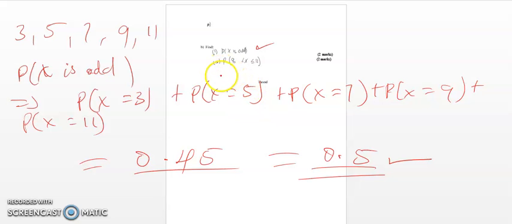Let's consider the probability of 8 < x ≤ 11. Let's see how to do that.